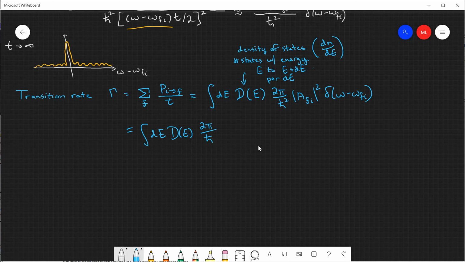We can absorb one factor of h bar into the delta function, and that will give us h bar omega, which is the energy of the perturbation.